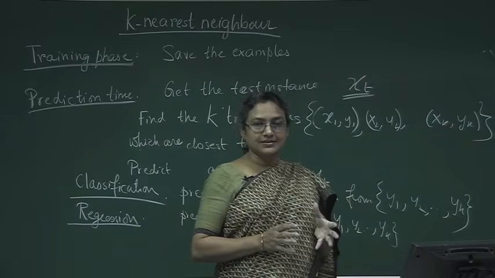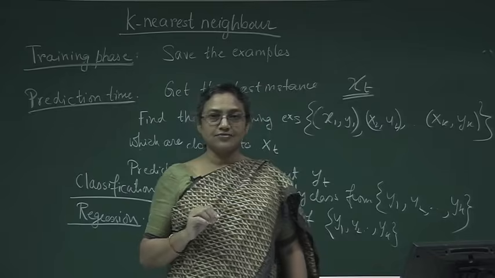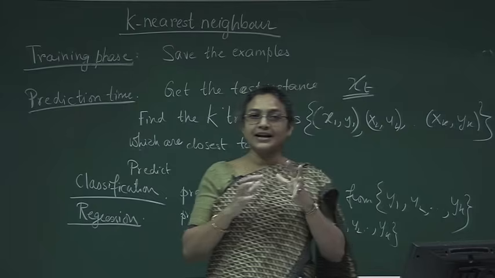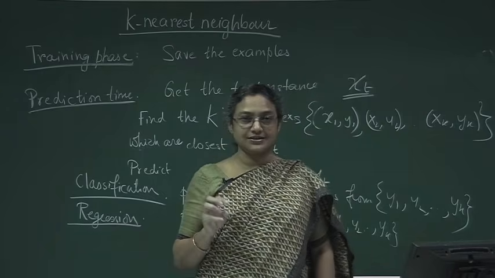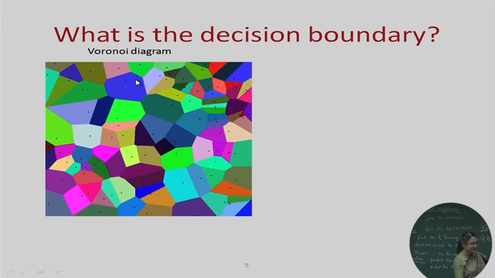The classification of a point in this space for one nearest neighbor is coming from the most nearby point. Therefore, we can divide the space into regions. This purple region corresponds to those places in space for which this is the nearest neighbor. This region is the region for which this is the nearest neighbor.